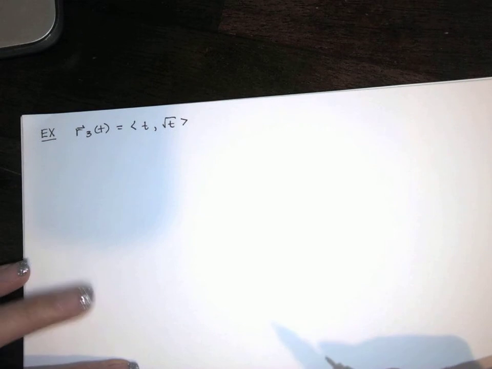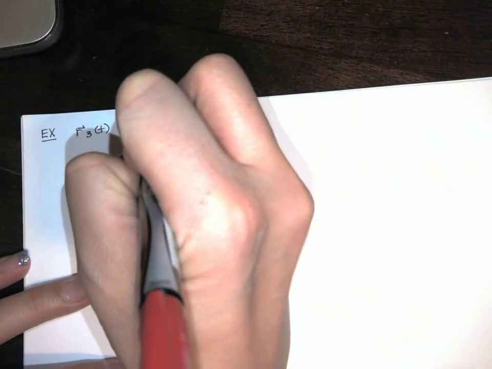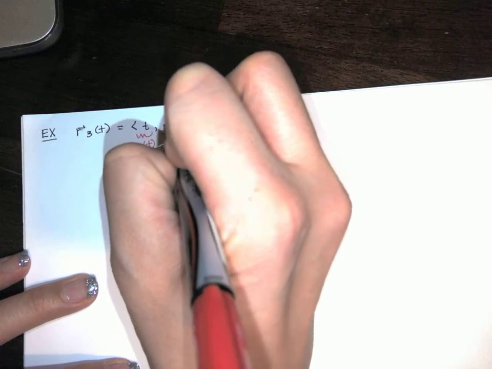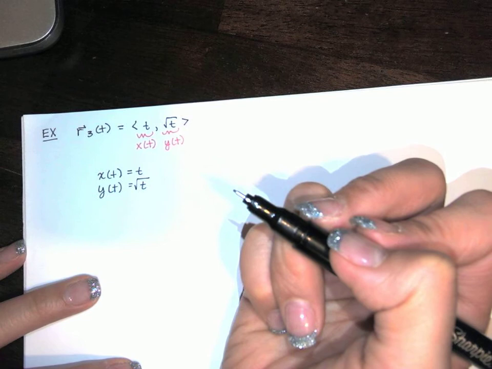If r sub 3 of t is this, so x of t is t, y of t is the square root of t. So those are the parametric equations of our curve.